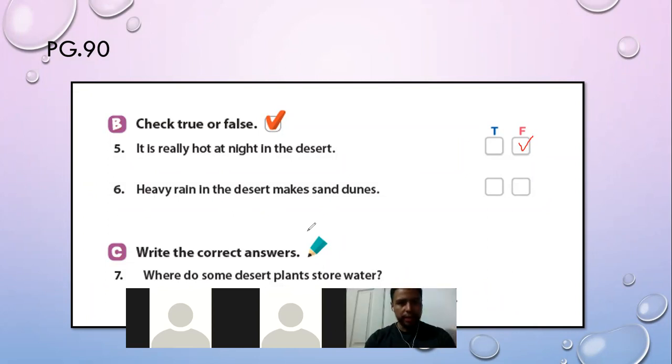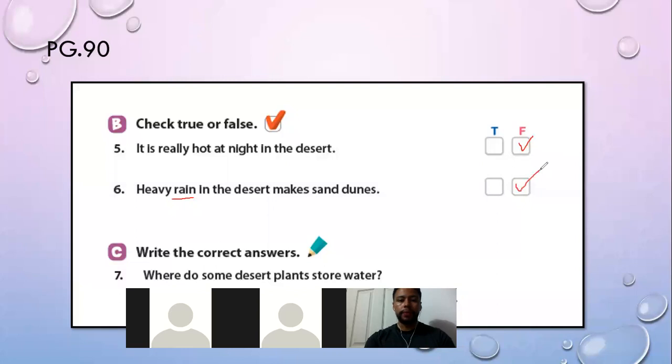So, does heavy rain in the desert make sand dunes? True or false? False. Is it about the rain or is it about the wind? It's the wind. Exactly. In this case the wind pushes the sand together little by little, creating dunes. So in this case it's not about rain. Rain would destroy them. But talking about wind, yes. In this case, it's false.